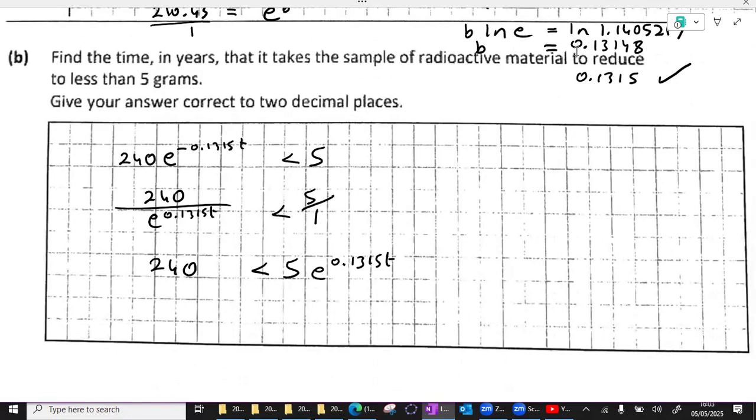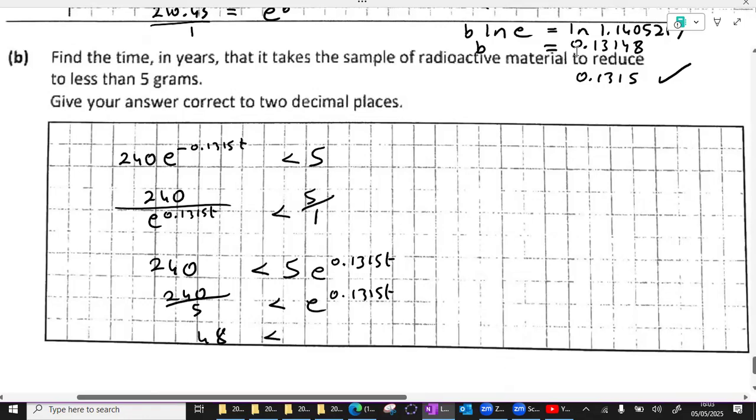Now what I'm going to do is move the 5. So I think I'll just move the 5 over just to tidy this up as much as I can. So that's going to be 240 divided by 5, so that's 48, and e to the 0.1315T. Okay, so what else can I do? I suppose I can move my power to the front.